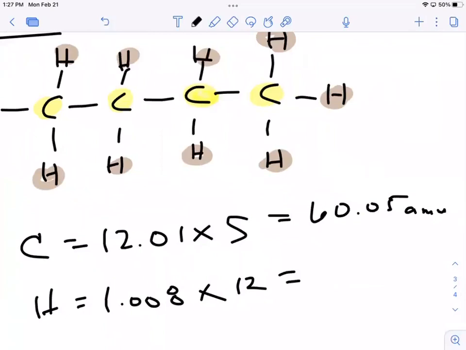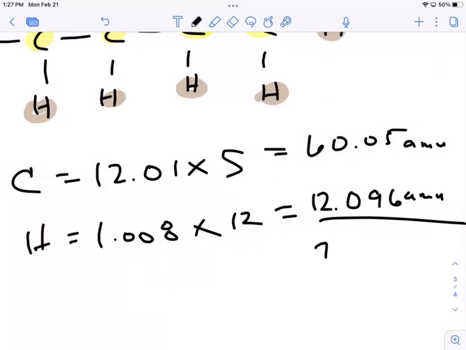And then what about the second one? 12.096. All right, and then you add those two together, you get what? 72.146. Is that right? So 72.14, and we can round that up, 72.15 AMU.